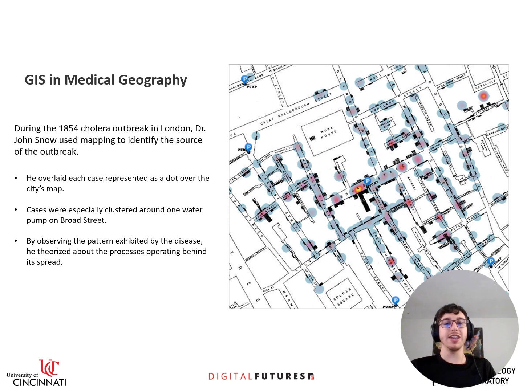By overlaying each death, represented as a dot, over the city's map, he noticed that the reported deaths were especially clustered around the water pump located in Broad Street.